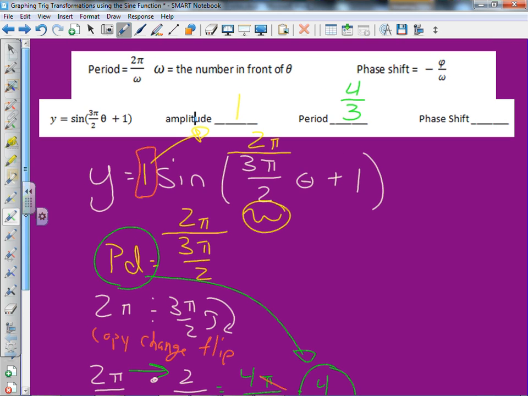Now, what's our phase shift going to be? Well, let's go ahead and plug in our numbers. Our phase shift is going to be negative phi over omega. So that's going to be our negative out front of a positive 1 over omega, which is 3 pi over 2.